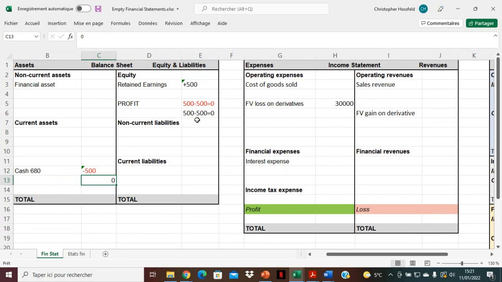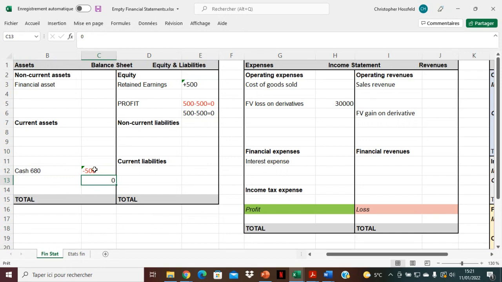Okay, I said also that retaining profits is a simplified version or a solution instead of asking the shareholders to buy new shares. Economically, it's the same.